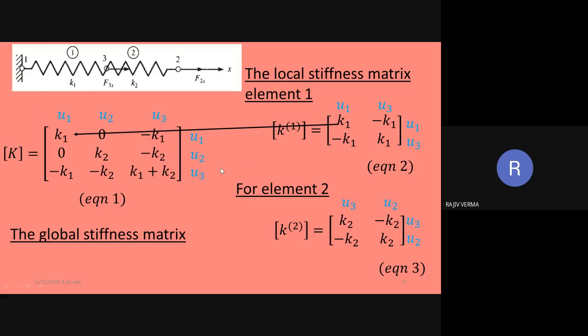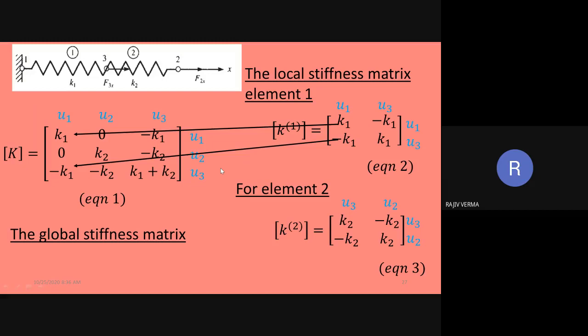So you can simply transfer the local terms from the local domain to the global domain, as has been illustrated over here. A second example corresponds to the term represented by the column U1 and the row U3. This is in the local domain, and it has been kept in the corresponding place in the global domain.